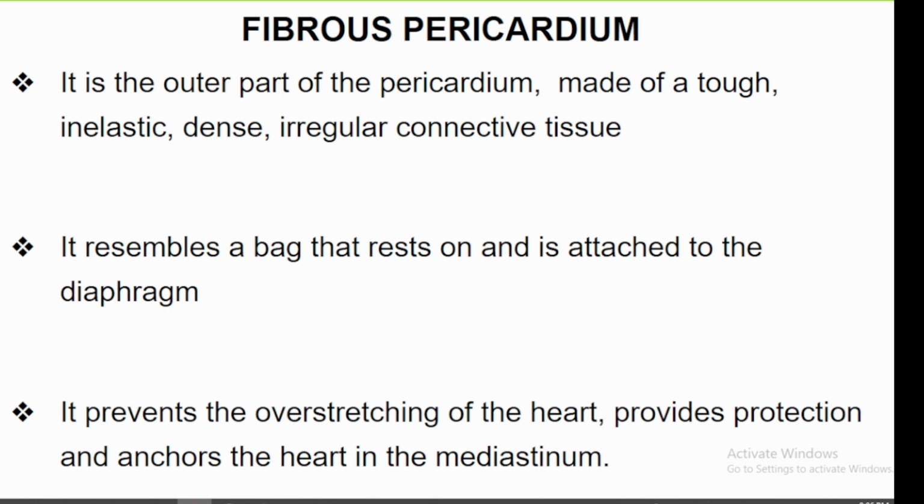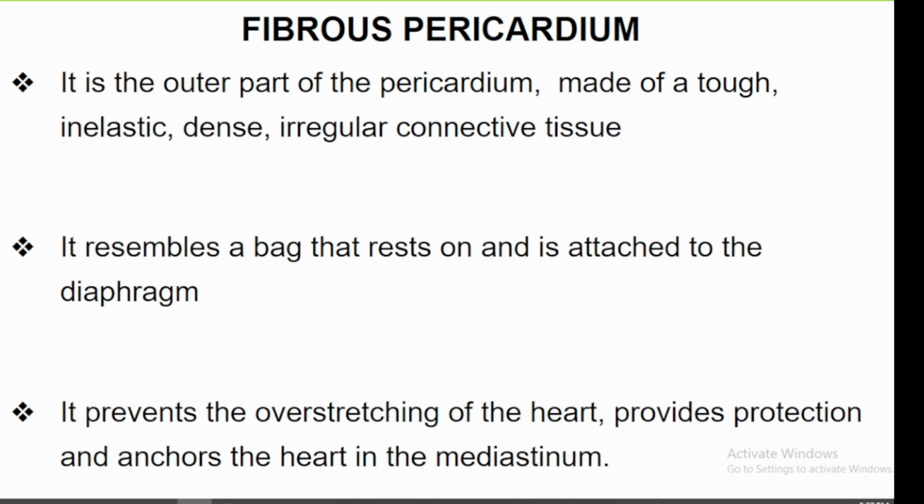All right, so the function of the fibrous pericardium is that it prevents the overstretching of the heart, and it also provides protection and anchors the heart in the mediastinum. So in a case whereby the heart has to beat more vigorously, let's say in a fight or flight mode, it is going to protect the heart and anchor it to the mediastinum so that it doesn't shake.